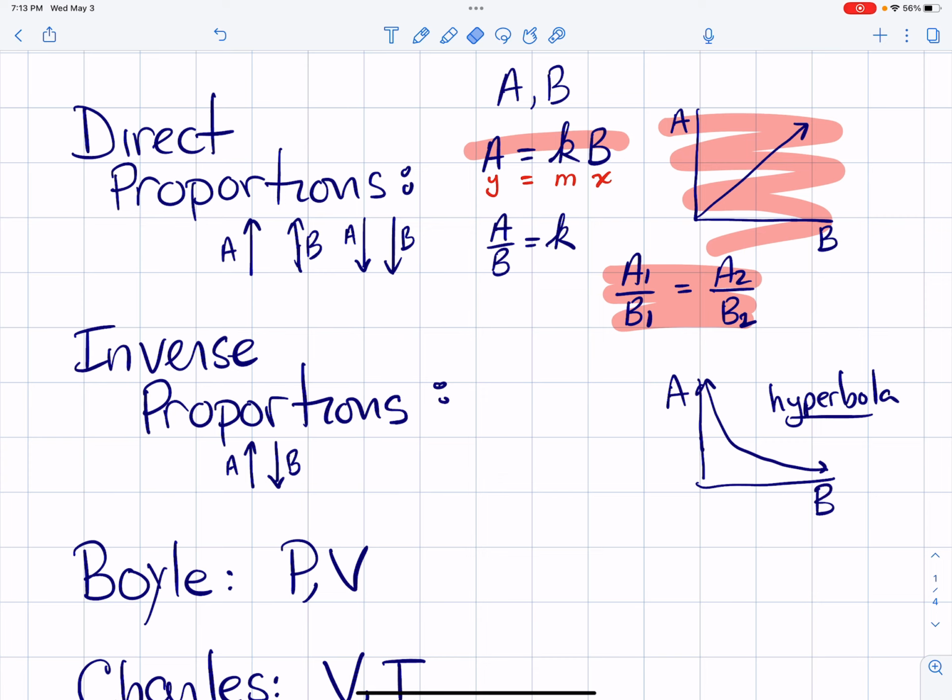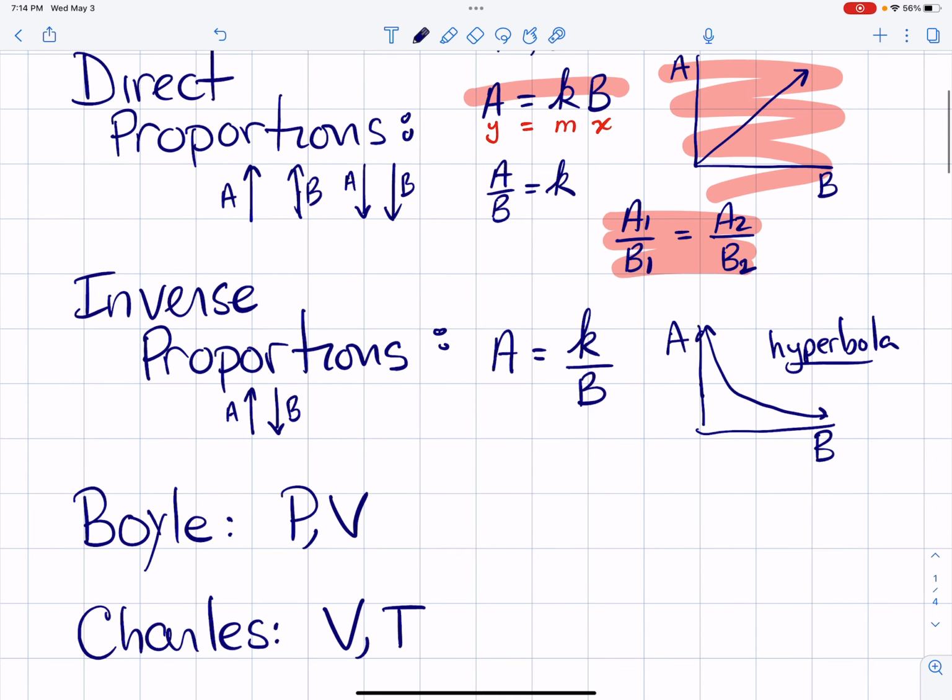When you have this type of equation, it means that the A, the first variable, is equal to a constant divided by B instead of multiplying by B. When you rearrange that, you can say that A times B gives you this constant. So the two variables, if multiplied, will always create the same answer, this constant. And that leads to an equation that looks like A1 times B1, which would equal an A2 times a B2.